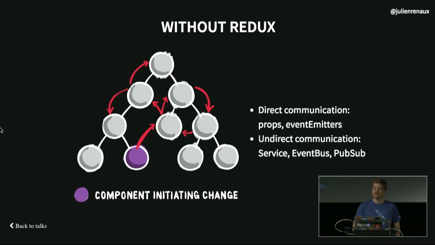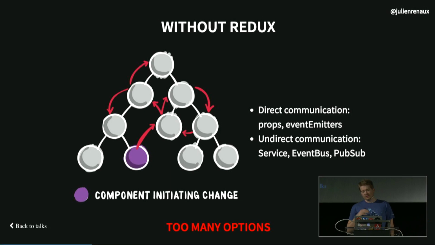And when you do not have a direct relationship, you can use a third-party service, or something similar to the root scope that we have in Angular 1, or PubSub pattern, or whatever. So there are too many ways to achieve data communication between components, and it's not normalized. So if you have several developers working on your application over time, you can end up using all of the possibilities I just quoted, right?